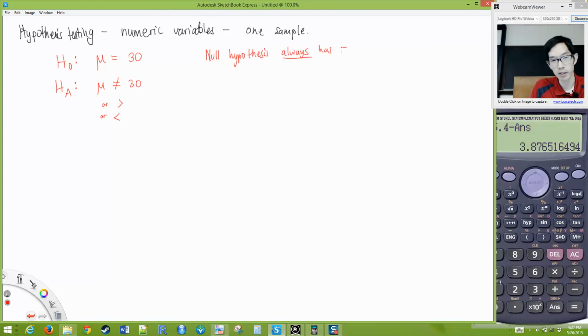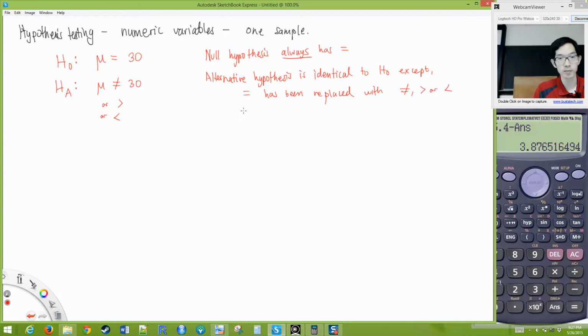The alternative hypothesis is identical to the null, except the equal sign has been replaced with not equal, greater than, or less than, right? This should sound familiar.